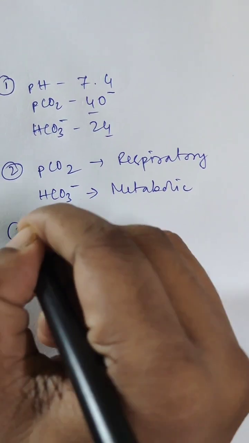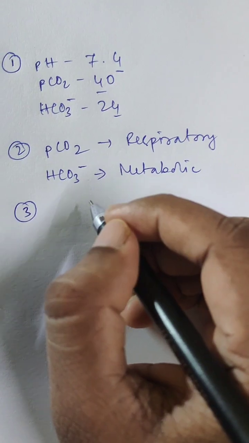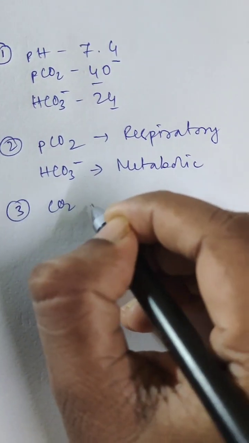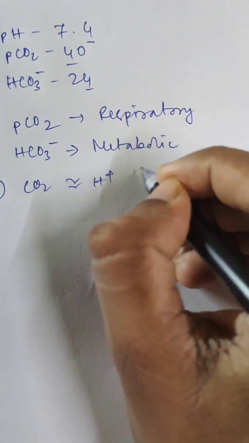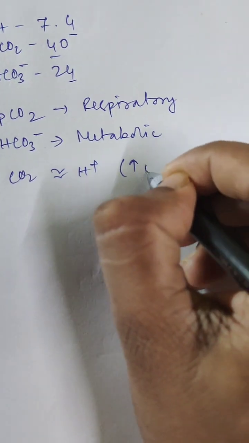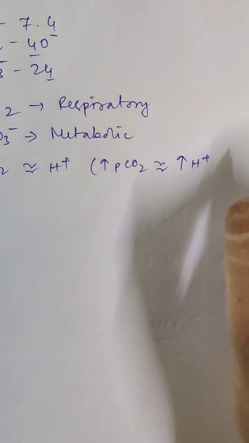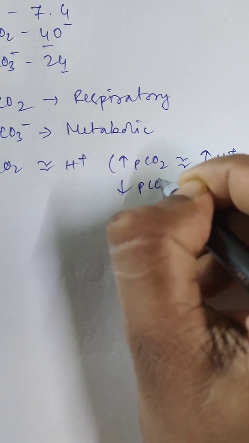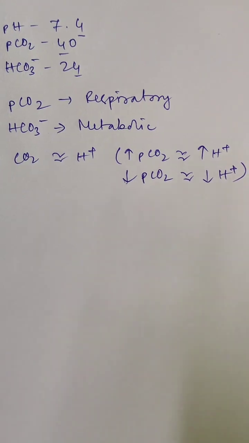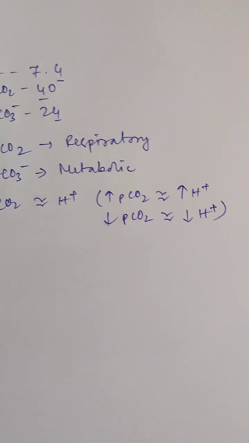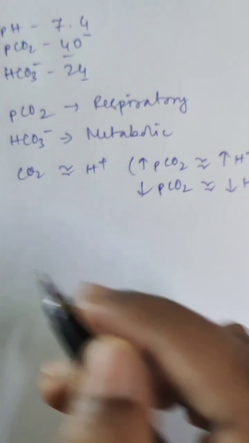Third basic thing is that CO2 itself means H plus. That means increase in PCO2 means increase in H plus, and decrease in PCO2 means decrease in H plus. CO2, carbon dioxide itself means H plus, or the hydrogen ion. This is the third basic thing.